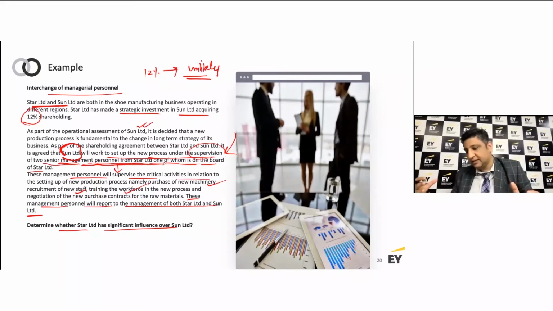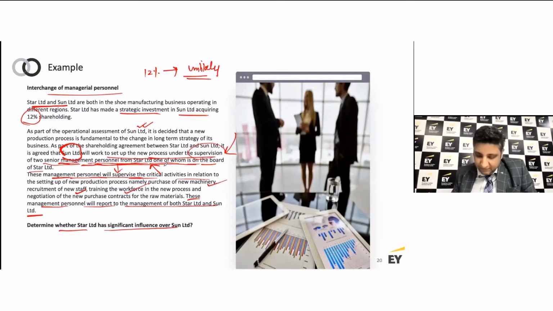So when you look at the operational and the strategic decision making, the supervision of those is being dealt with by the management personnel who are, for example, coming from Star Limited.